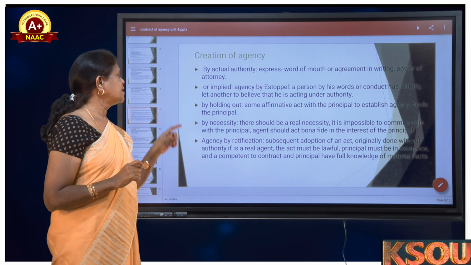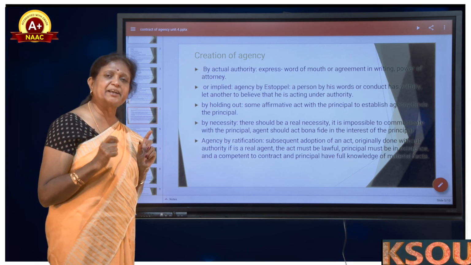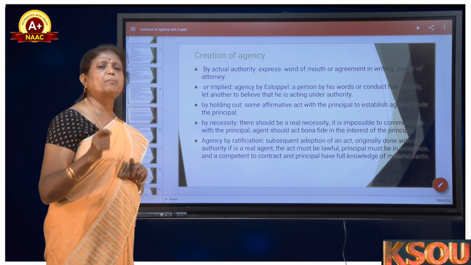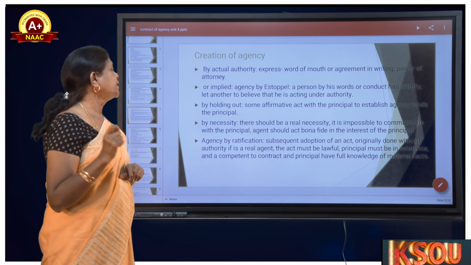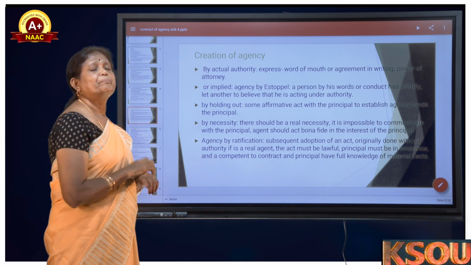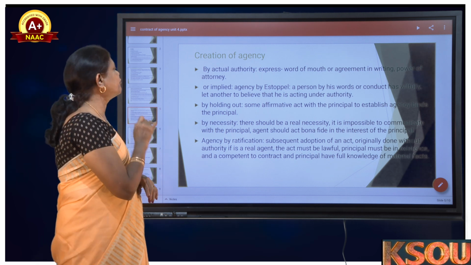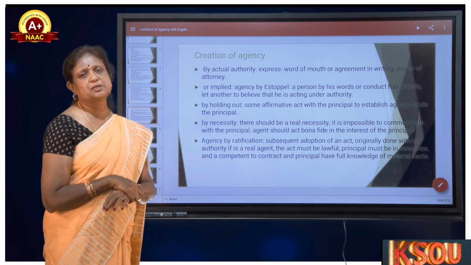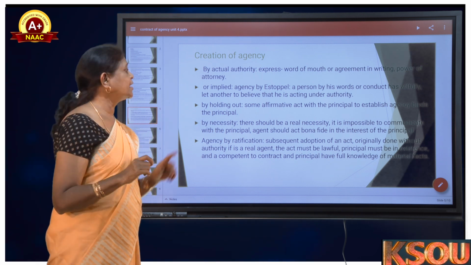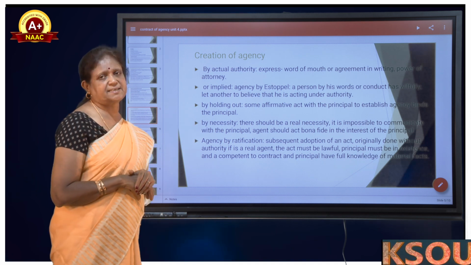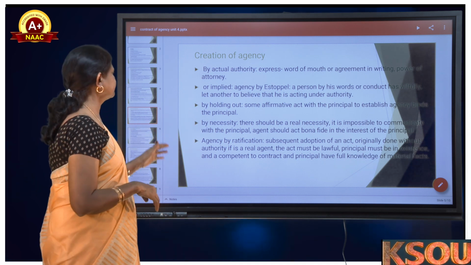In such cases, if the third party acted in good faith, then though that person is not an agent, he binds the principal. But in order to make this rule, some affirmative act by the principal is necessary to establish the agency, the contract of agency.